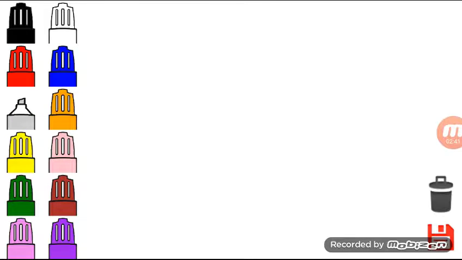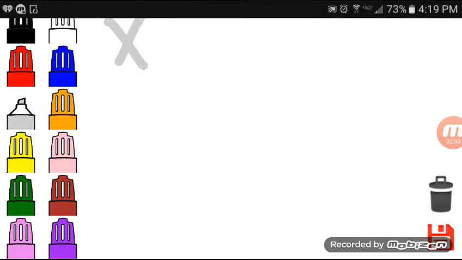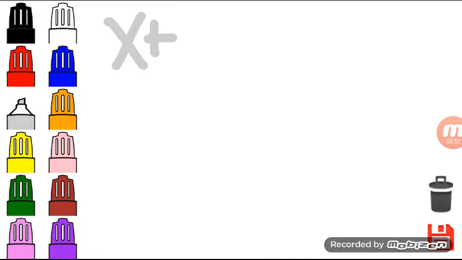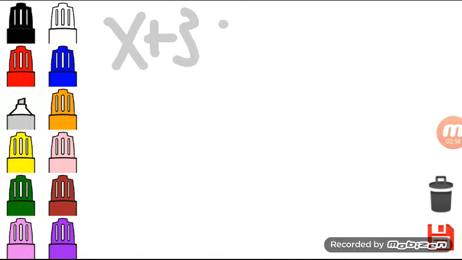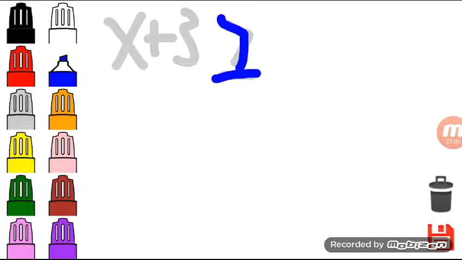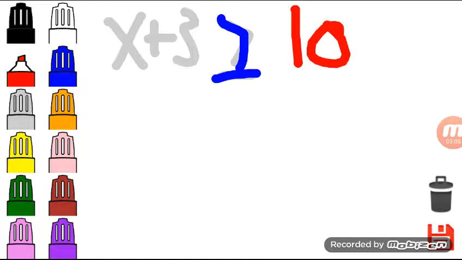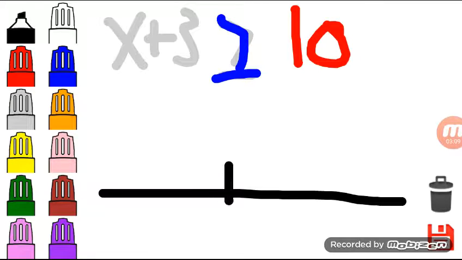Okay, so I have 4 equations that we're going to solve. So x plus 3 is greater than or equal to 10. Let's say we have our number line here, and I'm just going to start off with 0.